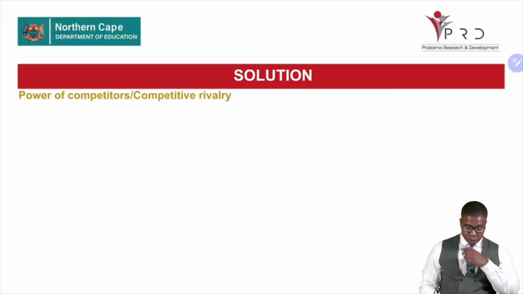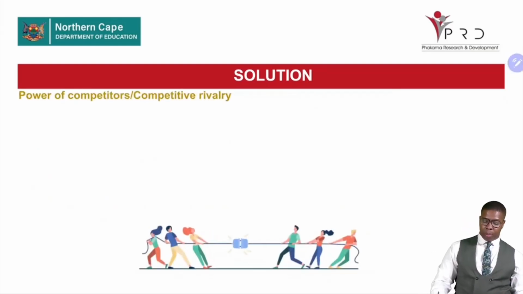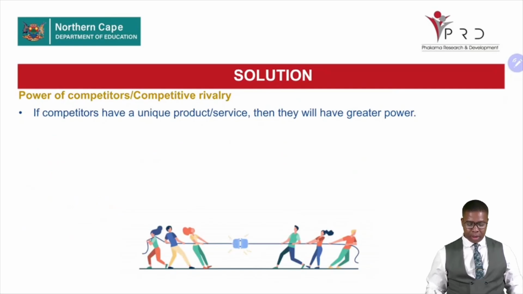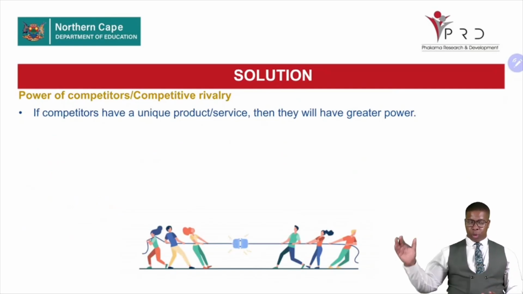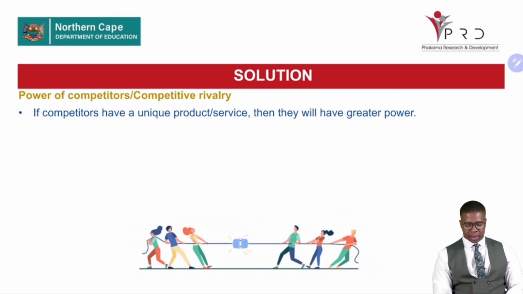Then when you look into the power of competitors or competitive rivalry, the business will look into itself and look into the competitor. And this is what they will assess. They will assess if competitors have unique products or services.